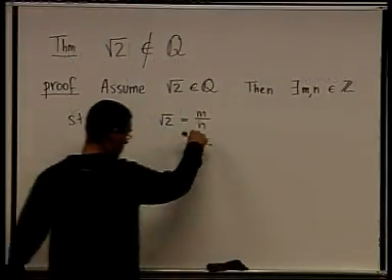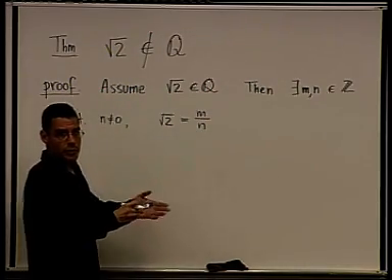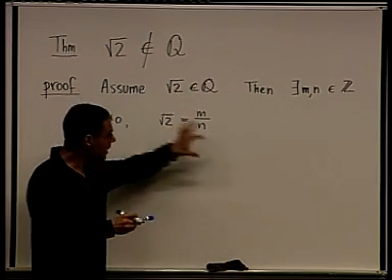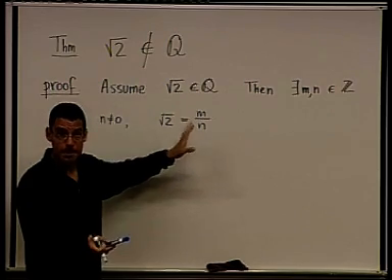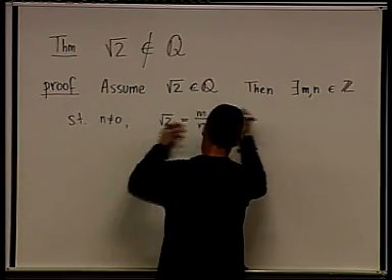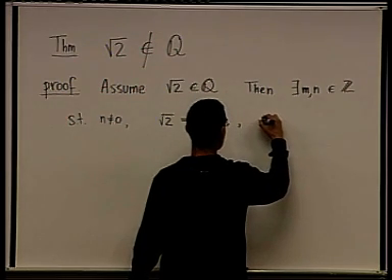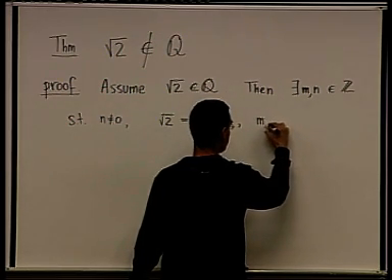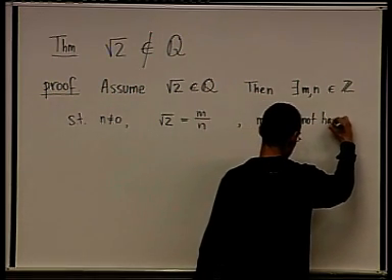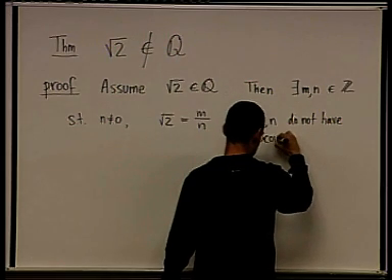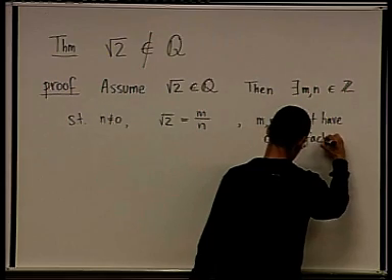Okay. So we wrote root 2 as m over n, and if it's not in reduced form, reduce it. So take it in reduced form. We can always do that. Right? Okay, so I'm just going to assume it. Root 2 equals m over n, and m and n do not have common factors.